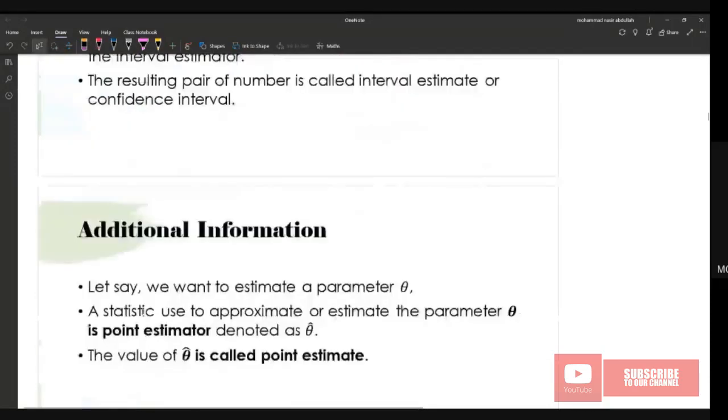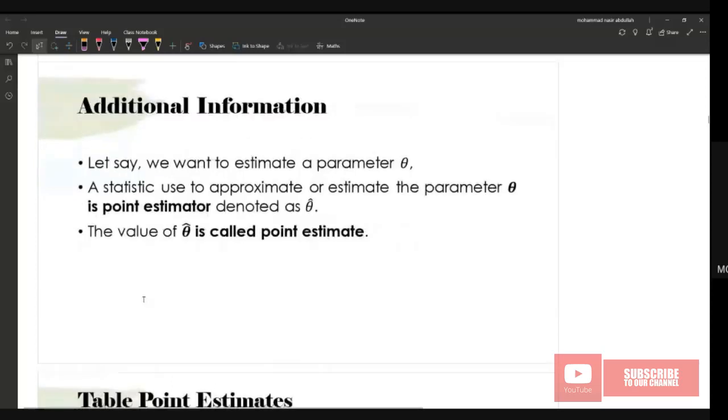Additional information: let's say we want to estimate the parameter theta. A statistic used to approximate or estimate the parameter theta is what we call a point estimator, denoted as theta hat. So theta hat is a point estimator, and the value, let's say 1.43, is what we call the point estimate.